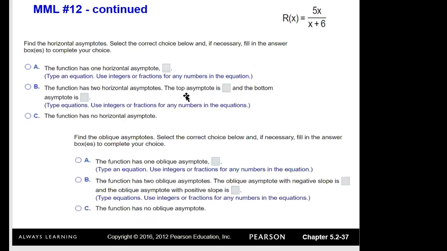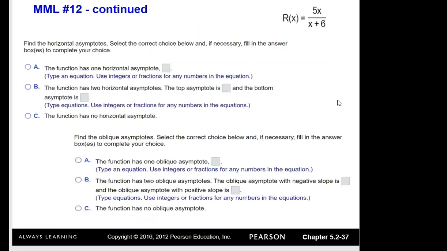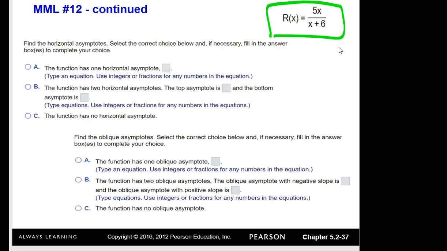Then they want to know about the horizontal asymptotes, and I put the 5x over x plus 6. Here's the original function again, all right? This was our original function. I just did a copy and paste so I could draw on it again.